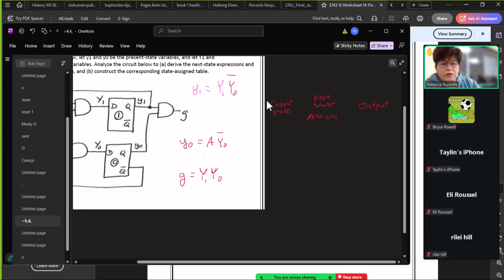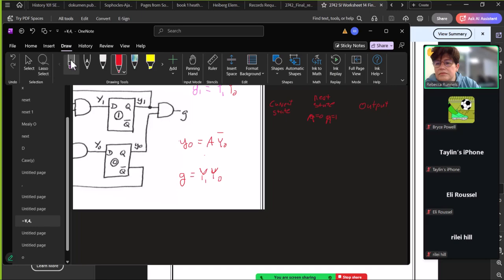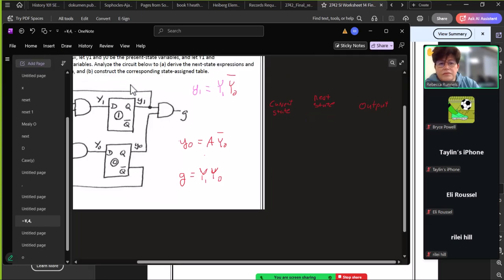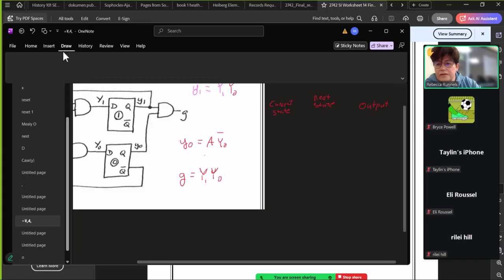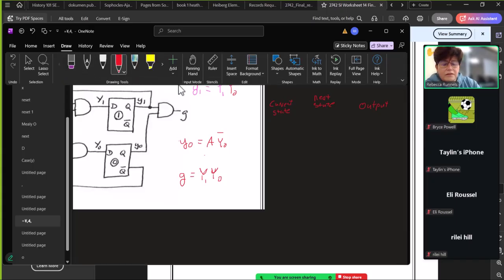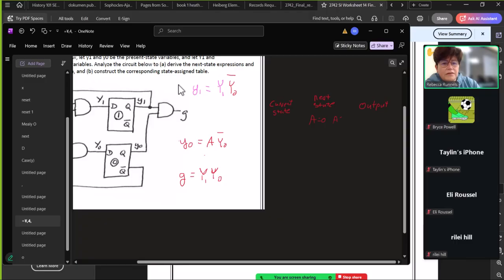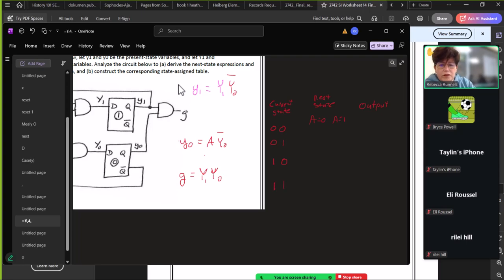Is this Mealy or Moore? Mealy. Wait, no, Moore. Why? Because the input A or B is not dependent on the output. Yep, so you look at G only depends on what's coming from the flip-flops. So my possible current states are 0, 0, 0, 1, 1, 0, and 1, 1.